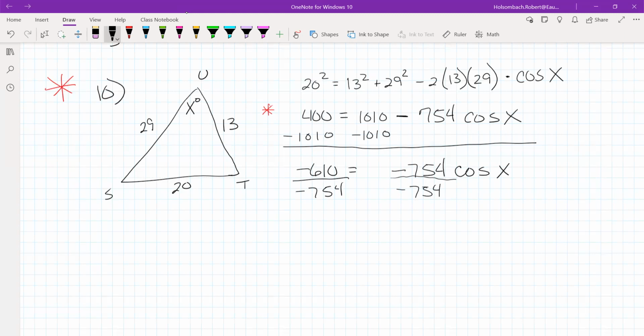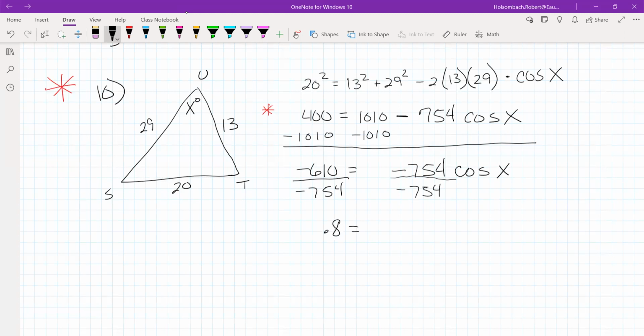So the negative 610 is still in my calculator. I'm going to push divided by 754 and the negative sign, which is below the 3, and then hit equals. And what I get is 0.8.